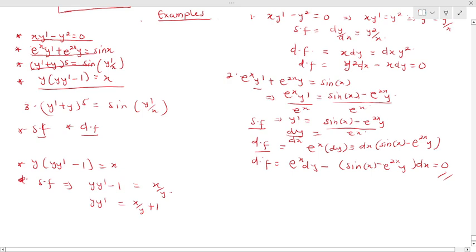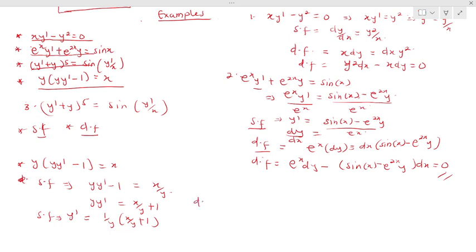Second step, I make y prime the subject. I'm going to have 1 over y multiplying x on y plus 1. And this gives me my standard form: y prime is equal to 1 on y multiplying x on y plus 1.